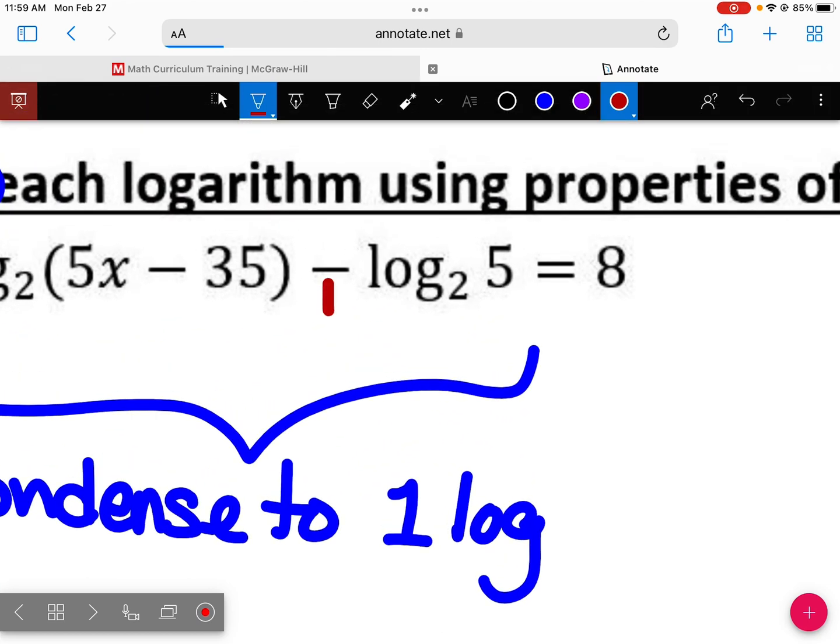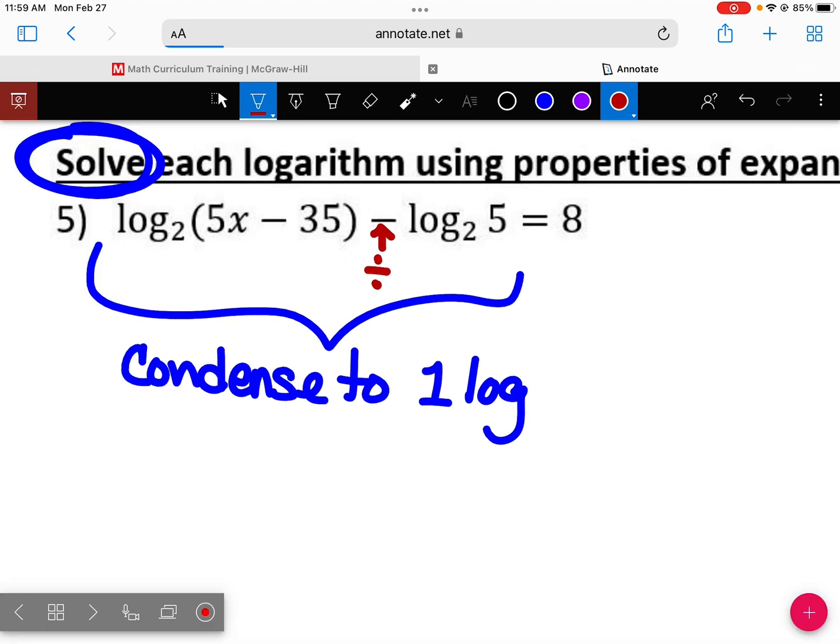There's subtraction here, so this is going to turn into division. What will be on the top of my fraction? 5x minus 35 will be the top of my fraction. What will be the bottom? 5.